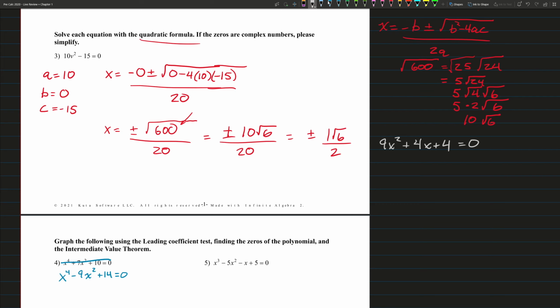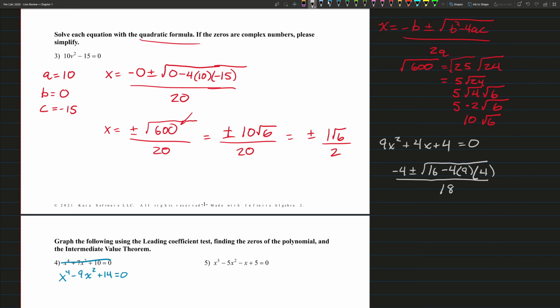So if we use the quadratic formula, a is 9, b is 4, c is 4. So we get negative 4 plus or minus the square root of b squared, so 16, minus 4 times a times c, which is 4, all over 2a, which is 18.